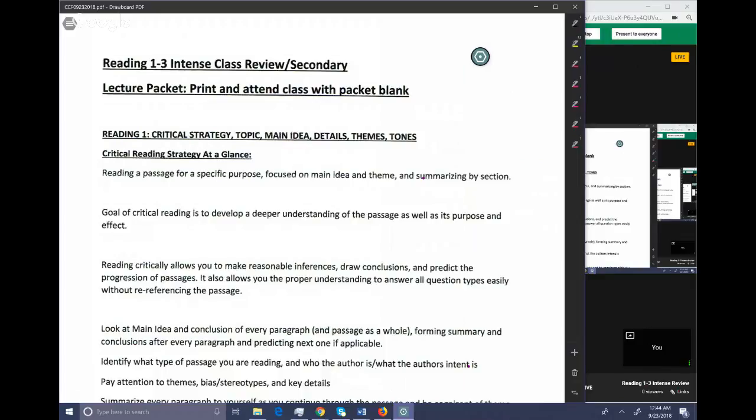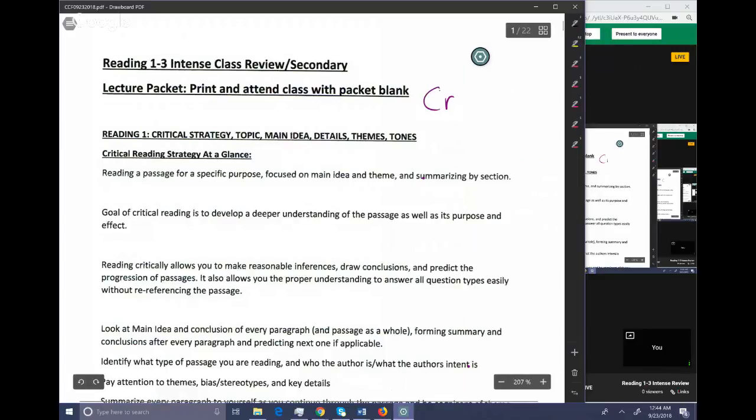Now we want to make sure that you've really mastered the big, broad strategy. You really know what the steps are, and you have a streamlined process for figuring out what that best final answer is.